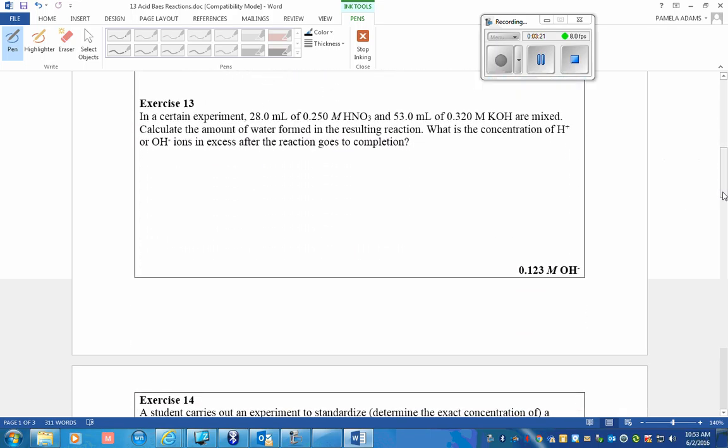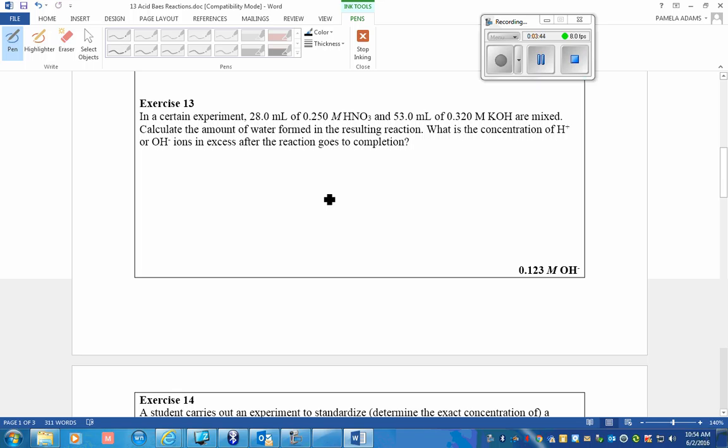In a slightly more interesting problem, in a certain experiment, 28 mLs of HNO3 and 53 mLs of KOH are mixed. Calculate the amount of water formed in the resulting reaction. What is the concentration of H+ or OH- in excess after the reaction goes to completion?